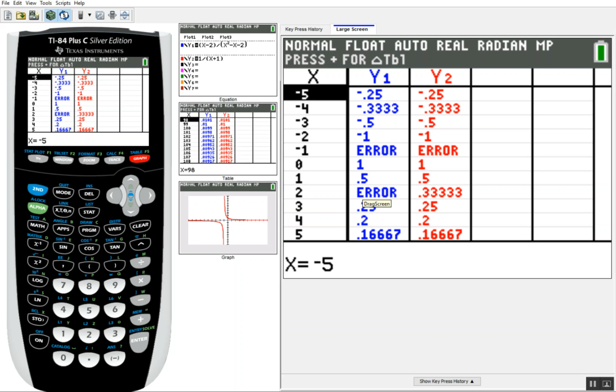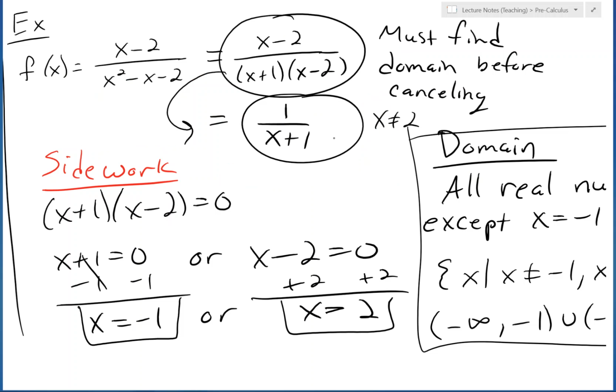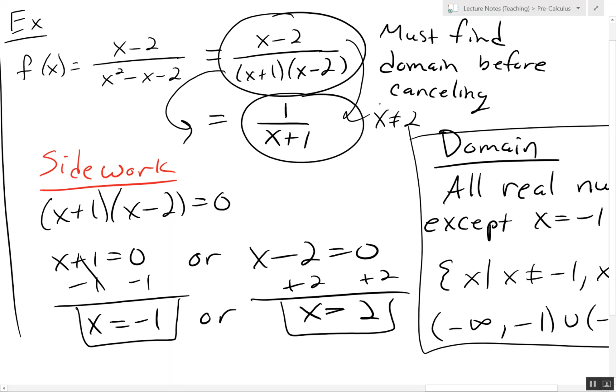There's no real good way to show this on the graphing calculator, so this is something you would just have to draw by hand and put a little circle in on the y-coordinate above x equals 2. So keep in mind that when you cancel off a factor like this, the resulting function is going to be graphed like the function after the cancellation, but you're going to have a hole at the factor that you canceled.